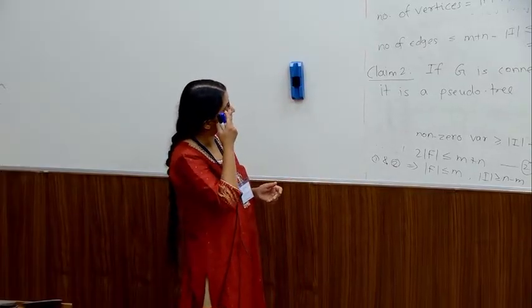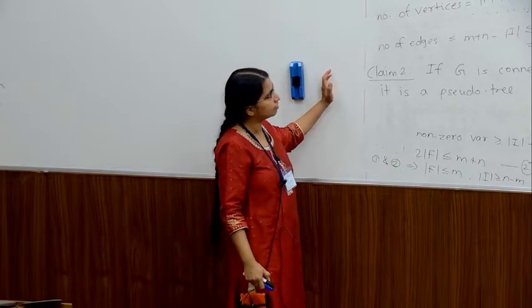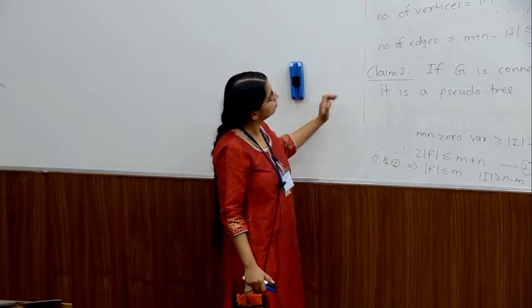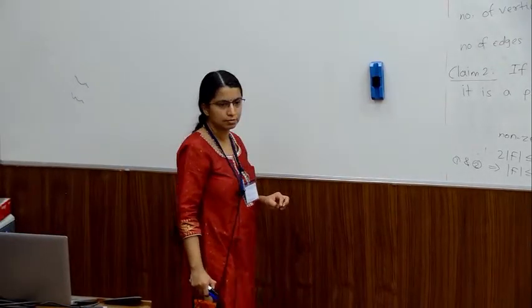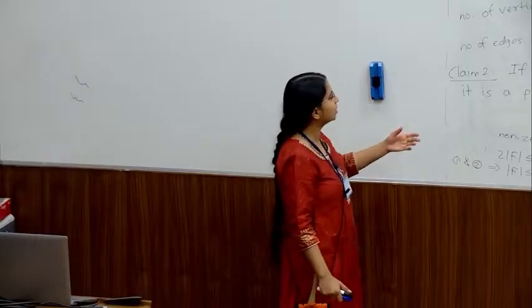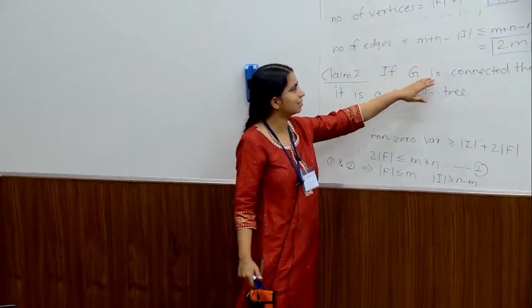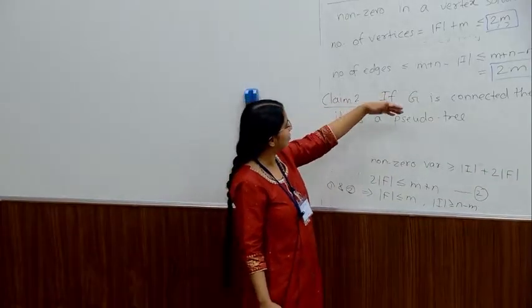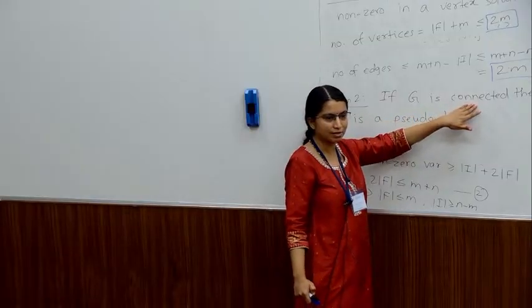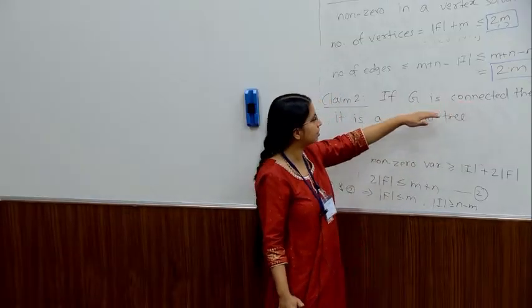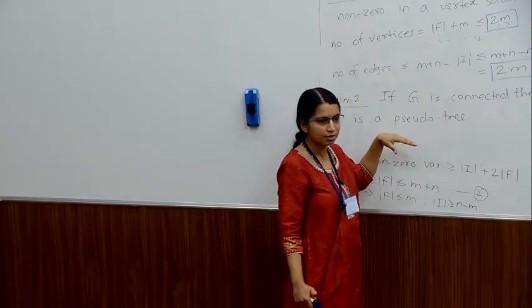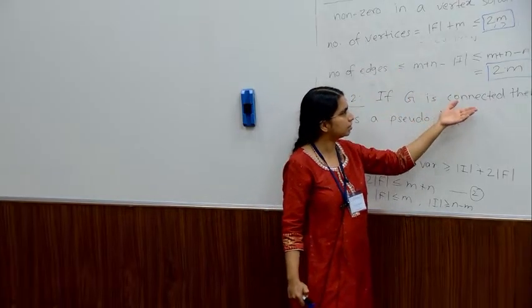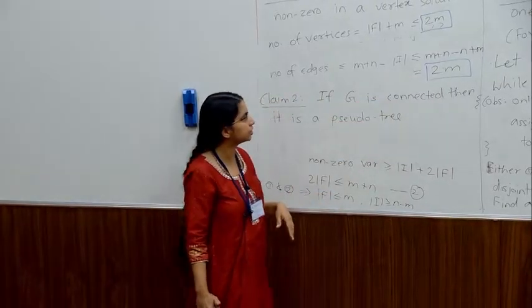Connectivity alone says that the number of edges cannot be too few, right? So if G is connected, then the number of edges is at least the number of vertices minus 1. So it is either a tree or a pseudo tree. That can be too large.